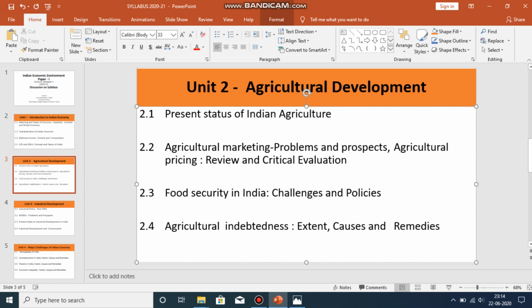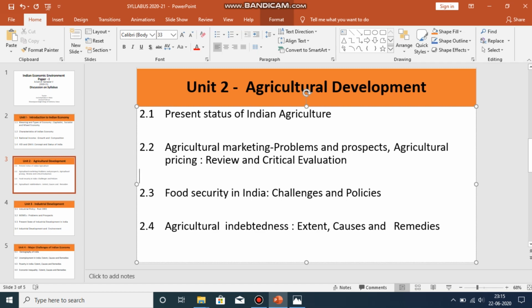The second point is related with accessibility. Accessibility means whether each and every individual is in a position to purchase that available amount of food grains. And the third point is affordability. Affordability means the purchasing power of the individual. So in this way, in this third point of the second unit, we will study the issues related with food security in India.